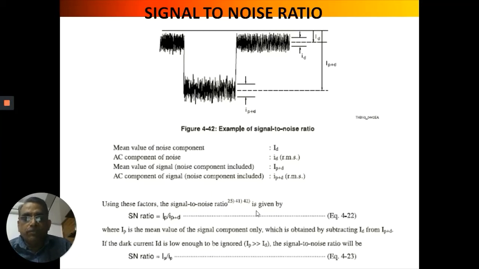Now, for the sake of calculation of signal to noise ratio, you need to know the mean value of the noise component, which is represented as a capital ID.